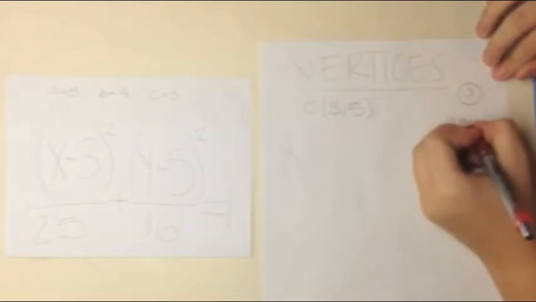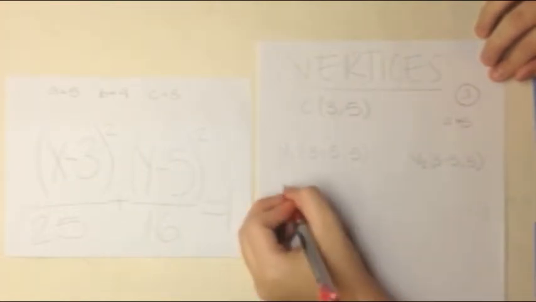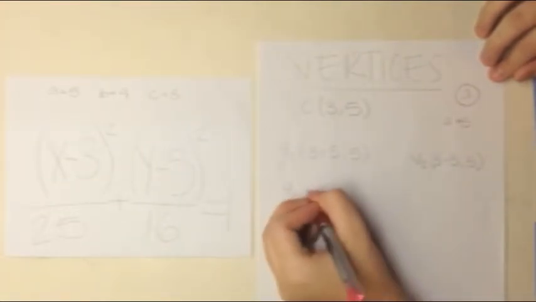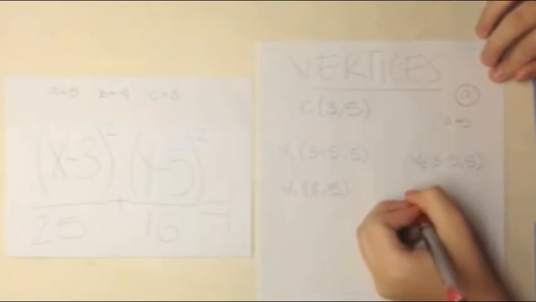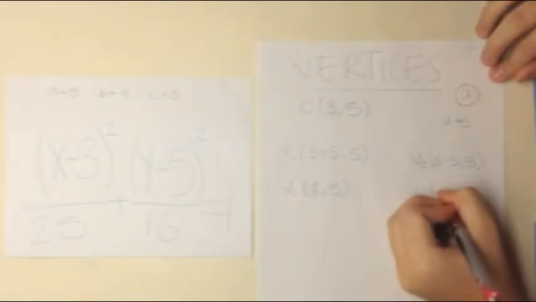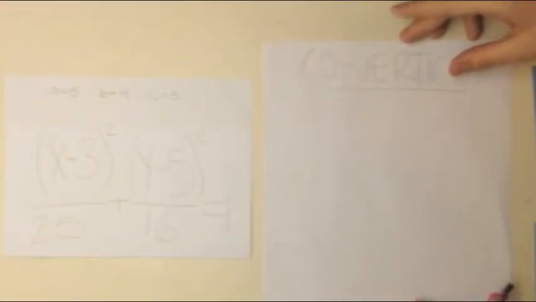A equals 5. If we solve all of this, we'll end up with v1 being 8, 5, and v2 being minus 2, 5.